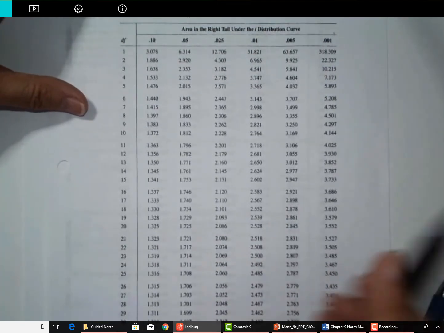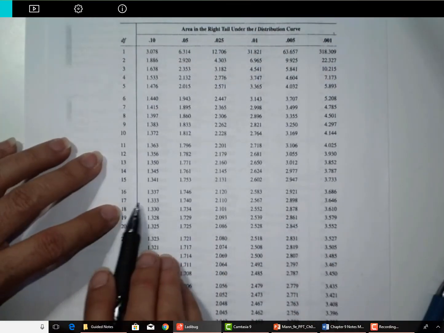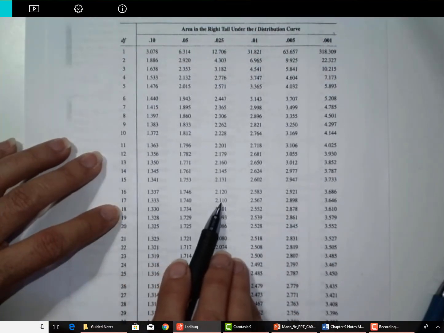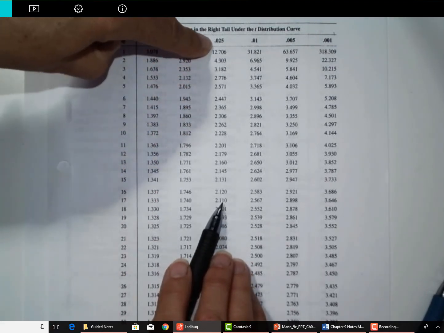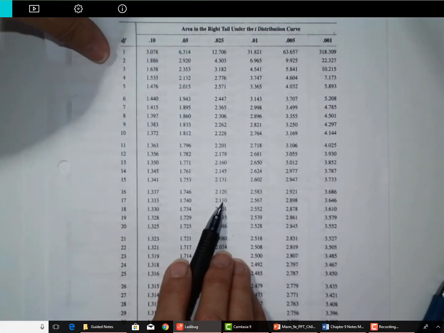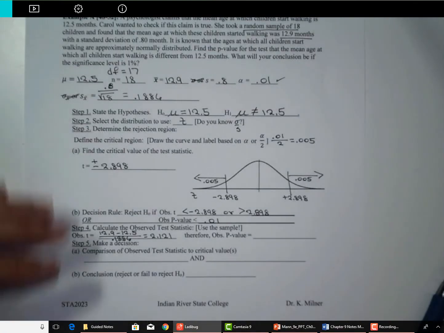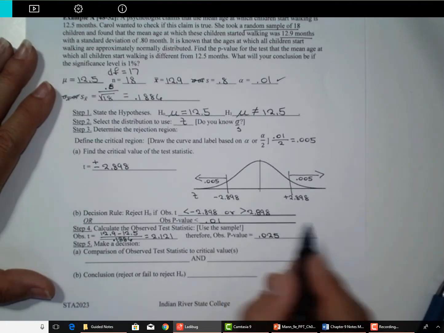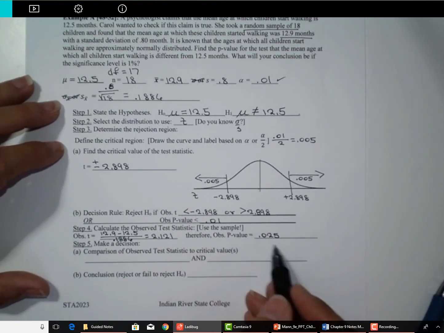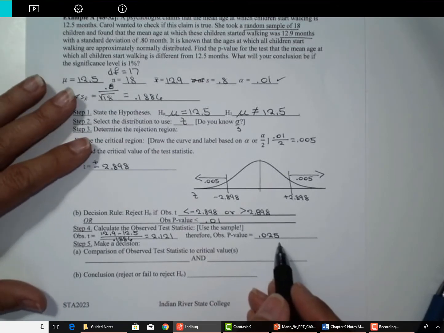I was on degrees of freedom of 17. 2.121 is really right in here somewhere. And there's the area under the curve, under the right tail, which I can still use. It's 0.025. So I know my p-value is going to be 0.025.